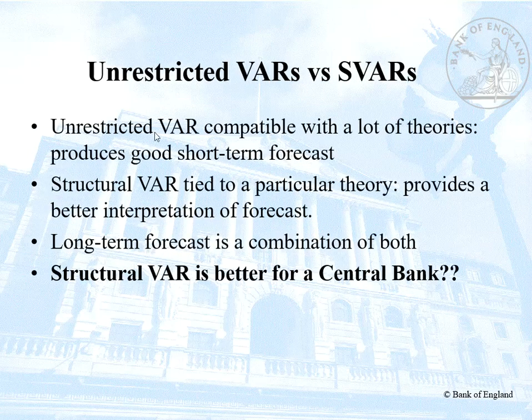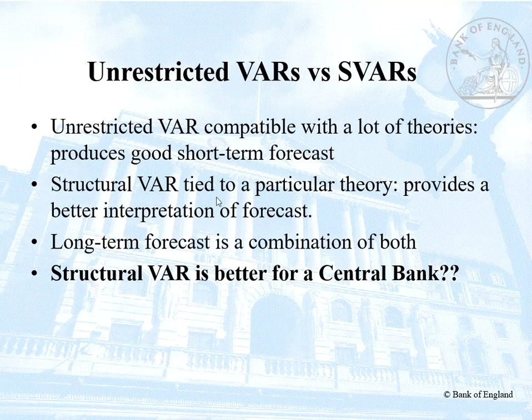The unrestricted VAR is compatible with a lot of series. It produces good short-term forecasts. It will test whether a theoretical model is good or bad. If a theoretical model can have a good forecast, then we can say it is a good one.